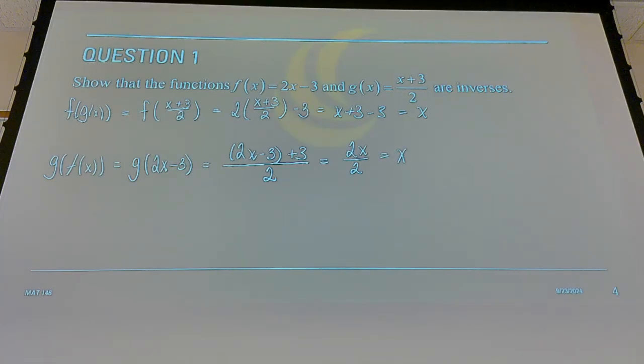And 2 over 2 is 1. g of f is also x. So that means f and g are inverses.